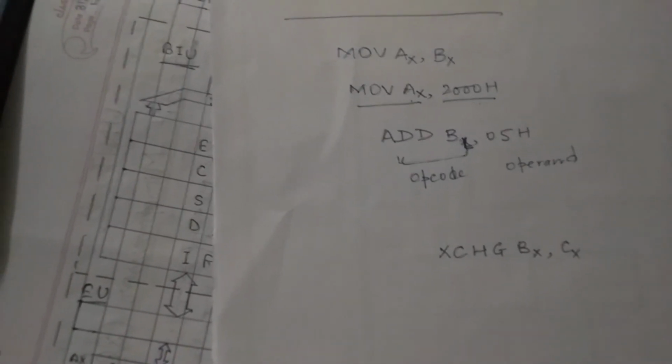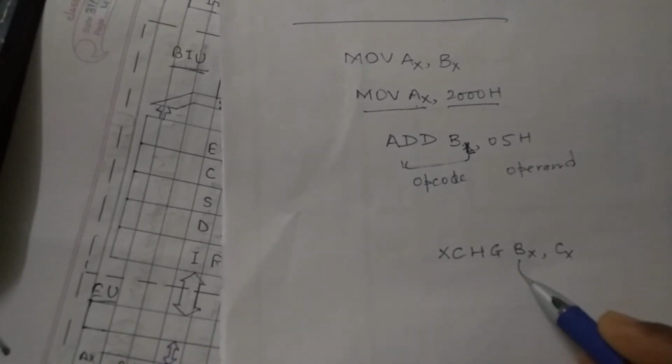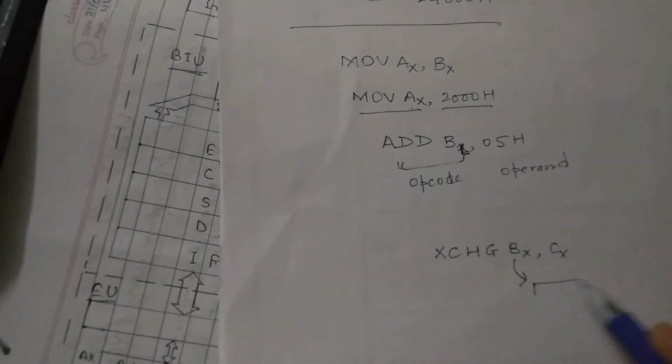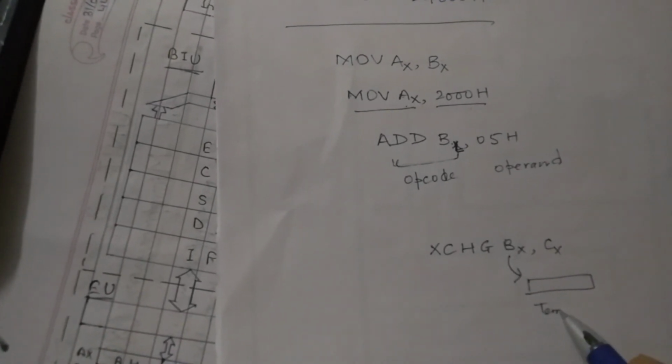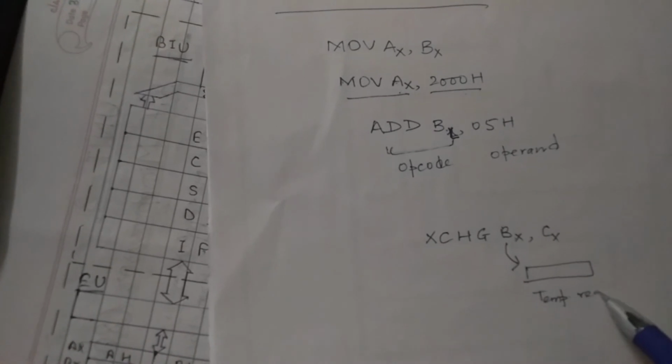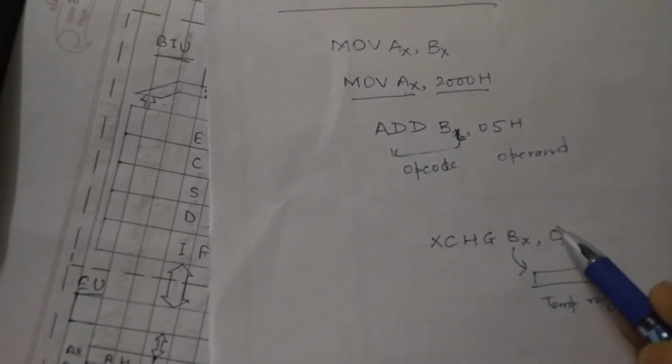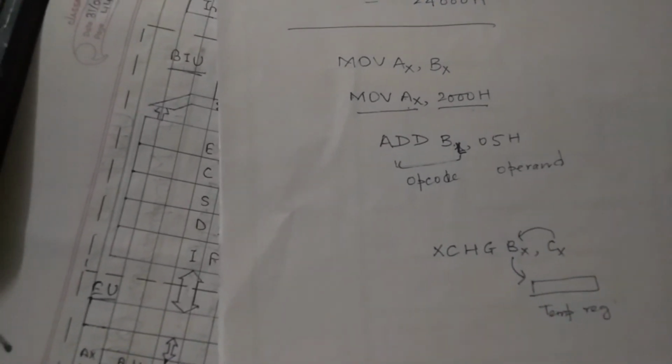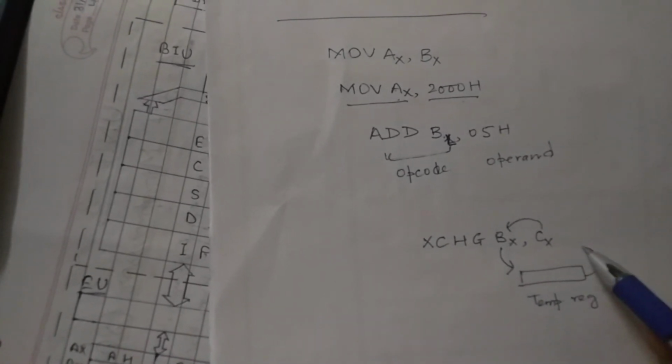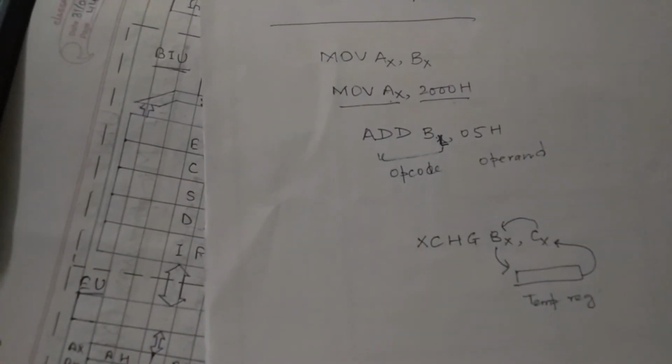For the safety of data, first we transfer the content of BX to this temporary register, which is called the operand register. Then the content of register CX is transferred to BX, and then this temporary register's content is given to register CX. So the use of this temporary register is to store the data temporarily, this operand register.